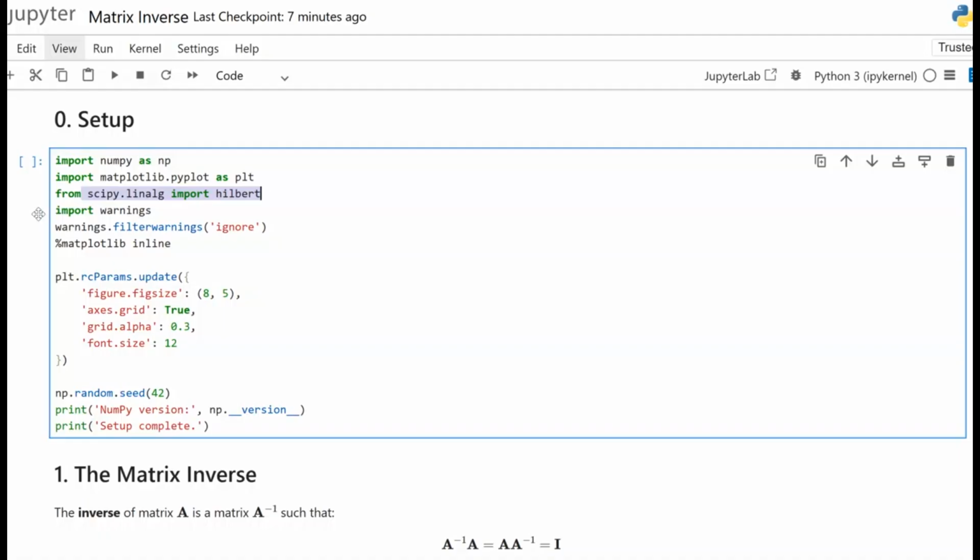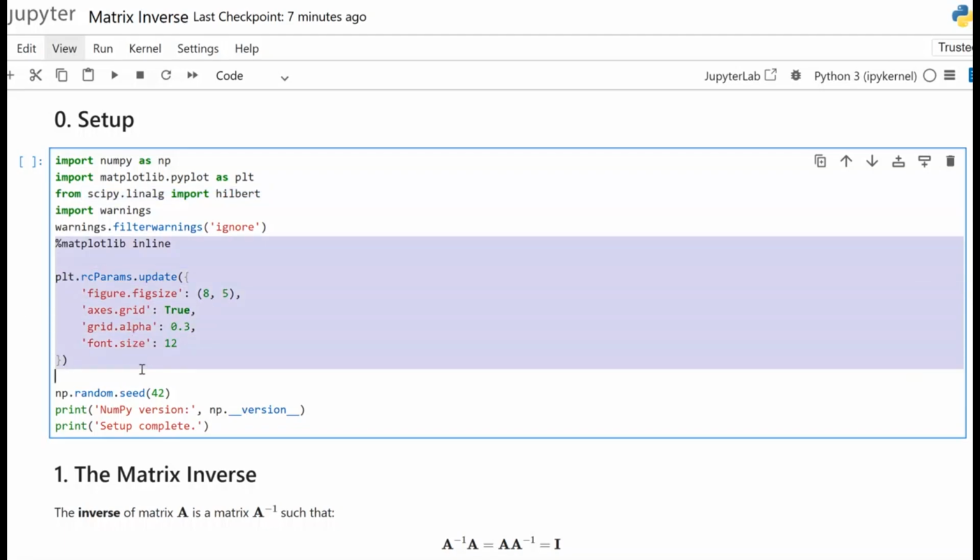And we have included warnings. This imports Python's built-in warnings module, which allows control over warning messages generated during execution. And we have included the default parameters: the font size, enabling the grids and setting the transparency of the grid lines to 30%, and the font size for all text in the plot to 12 points.